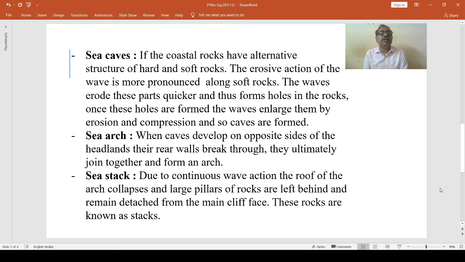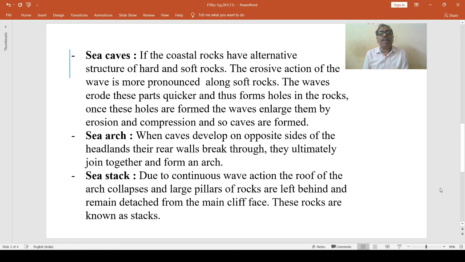Another feature is sea caves. If the coastal rocks have an alternate structure of hard and soft rocks, the erosive action of the waves is more pronounced along the soft rocks. The waves erode these parts quicker and thus form holes in the rocks.